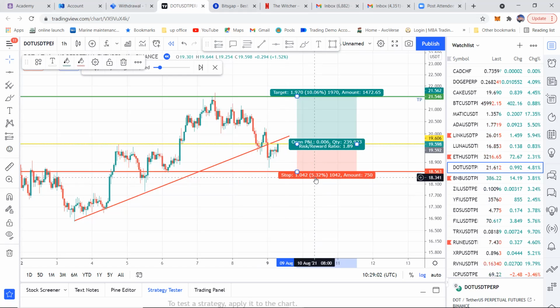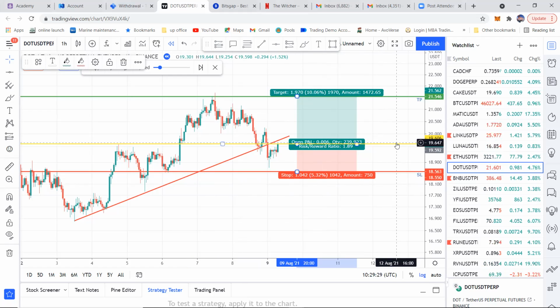If I had $20 in there and the market moves down 5.32%, that means I would have lost 53.2%. That would be $10.46 that I would lose, which is just a little bit over 1% of my $1,000 account balance. So that's how I'm determining what size trade I should place.